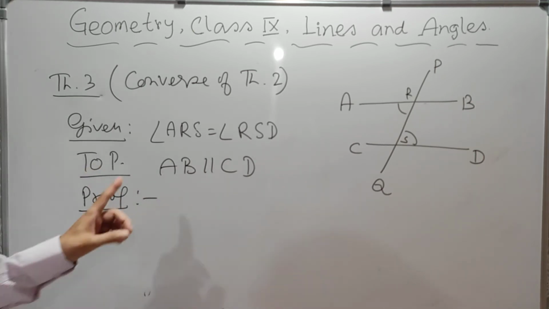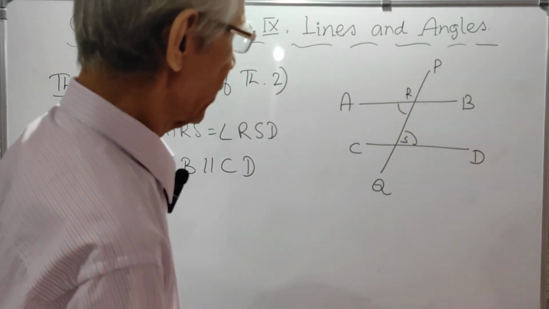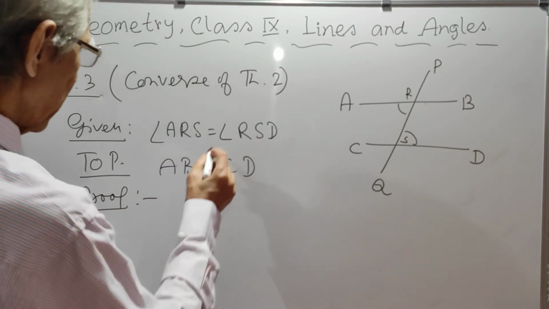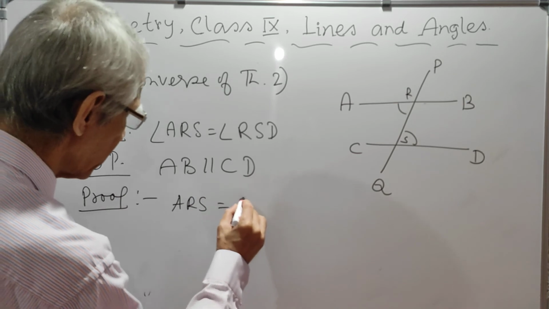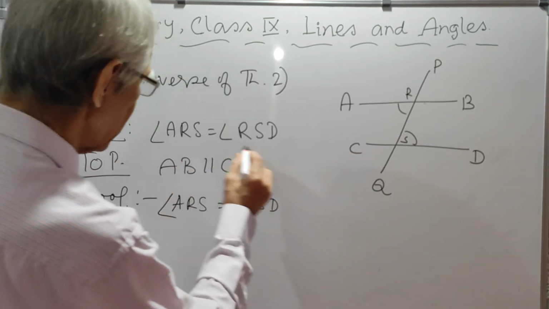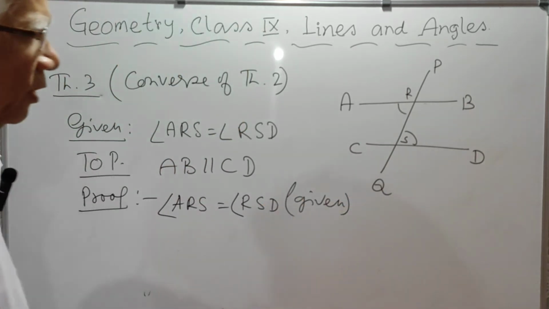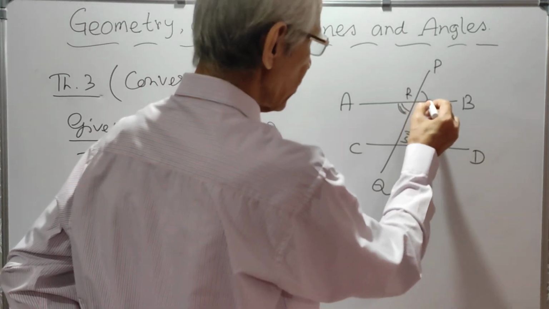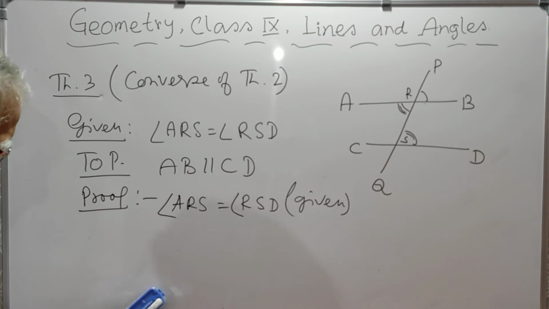Now ARS equal to RSD. That is given, isn't it? Yes. So ARS equal to RSD, this is given. All right. So this equal to this is given, and this equal to this because they are vertically opposite angles.